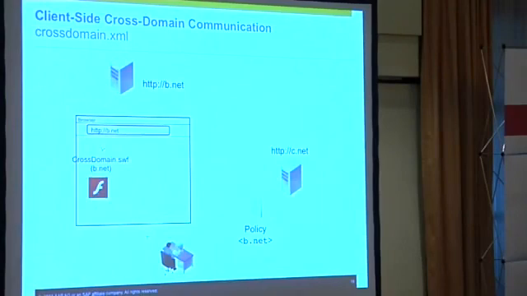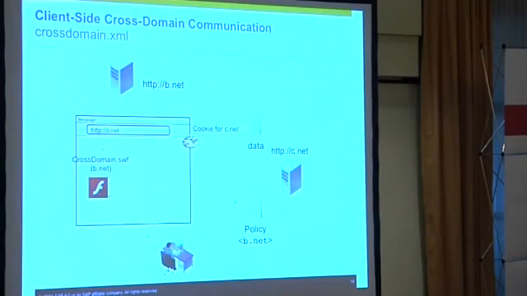Whenever an applet requests a cross-domain request, the plugin checks the policy, downloads the policy file, checks whether B.net is in the policy, and if so, the plugin allows the applet to conduct the request. And then the request is conducted to the data on C.net, and cookies are automatically attached by the browser.